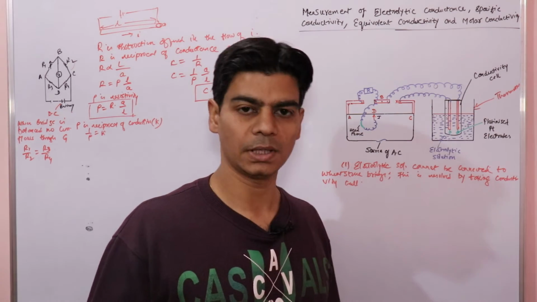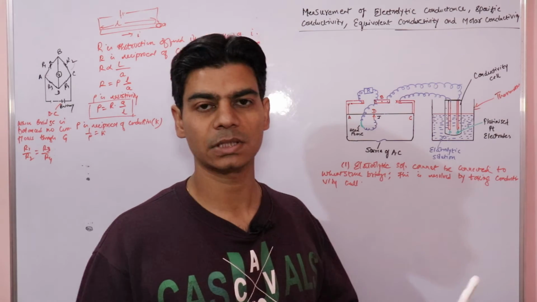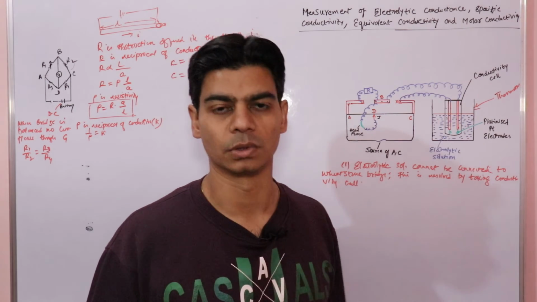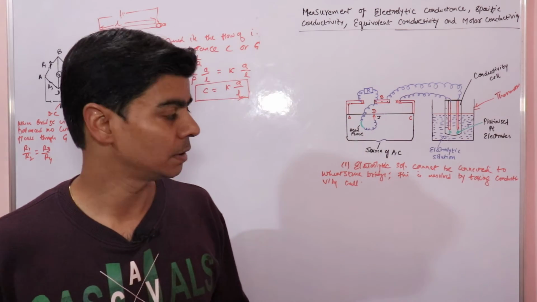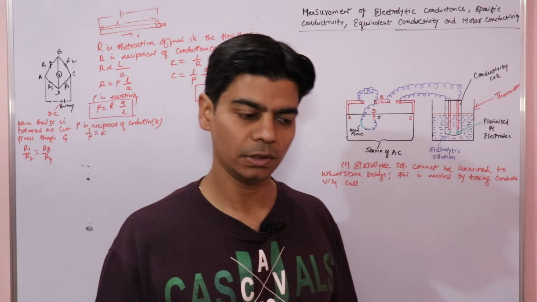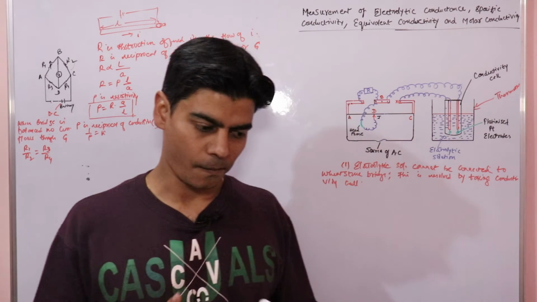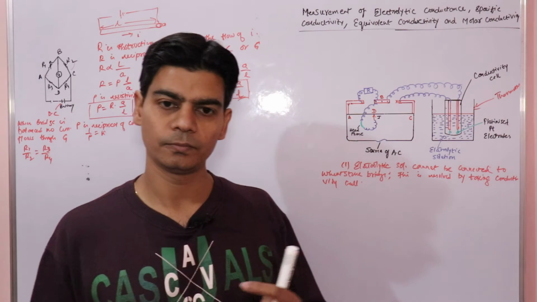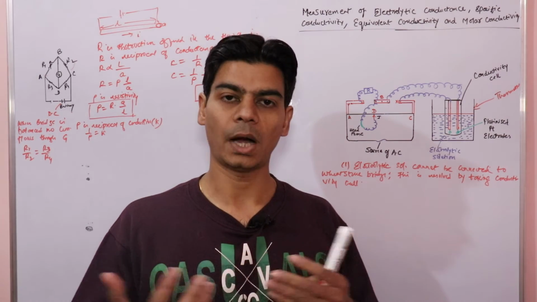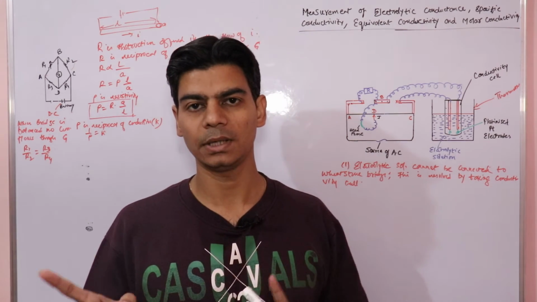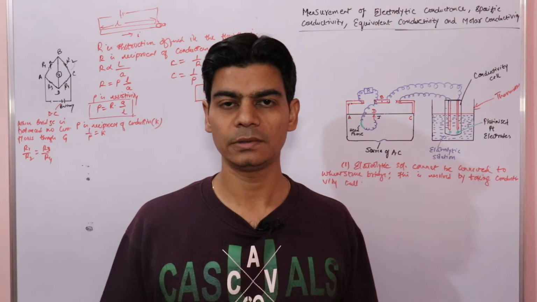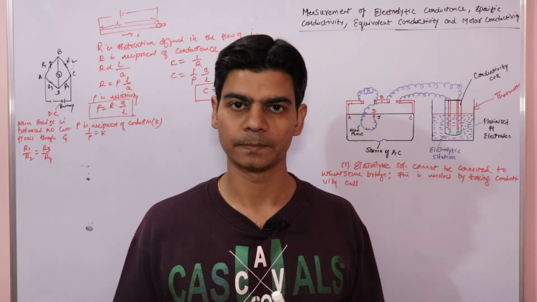And when it causes electrolysis, that means ions will start moving towards the electrodes, right? We know that when ions start moving towards opposite electrodes, a change in the concentration of ions will take place, right?